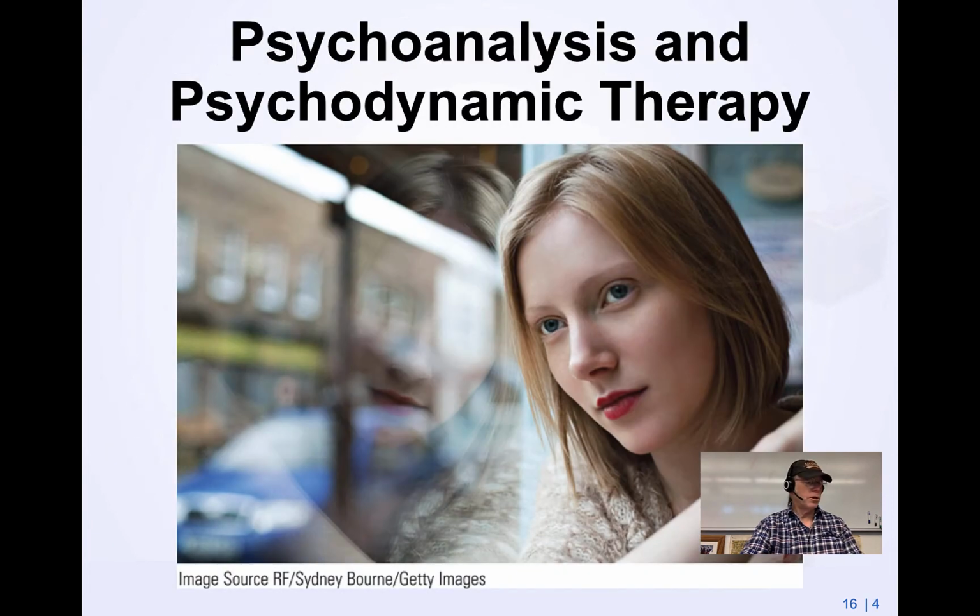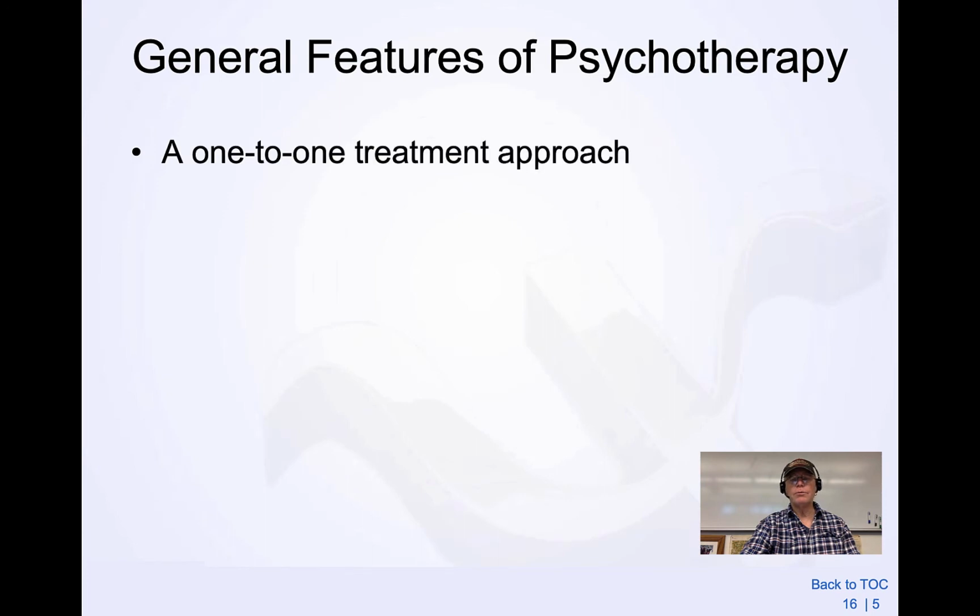Okay, so let's get going now. Those are basically common things. There are some general features of psychotherapy, and psychotherapy has a specific definition: a one-on-one treatment approach. This is not group, so you would not do psychotherapy in a group, right? You do it one-on-one.